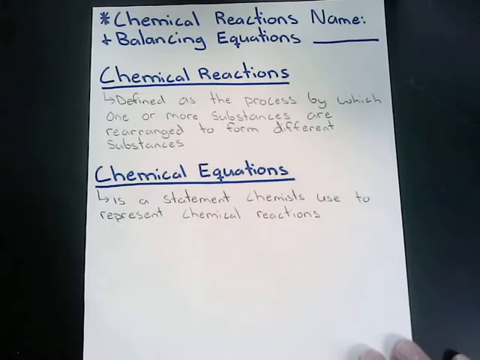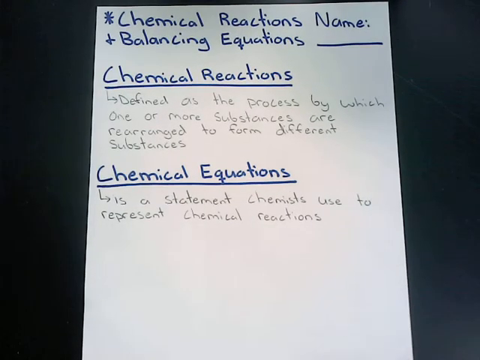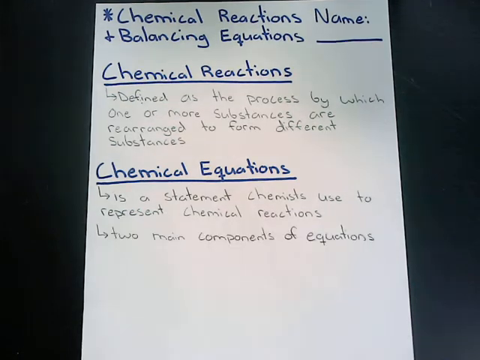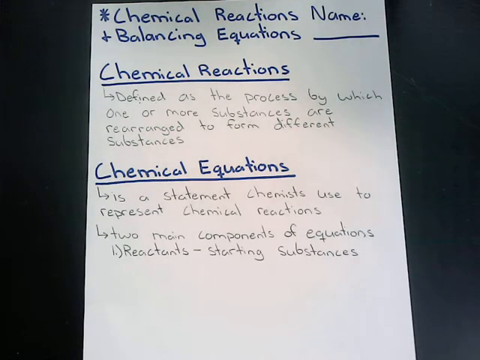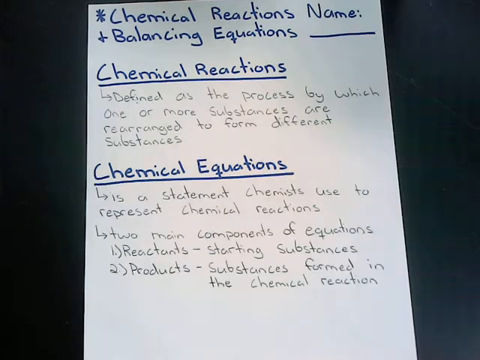Within chemical equations, we have two main components. The first of these components is known as the reactants, and they are the starting substances. The second main component is known as the products, and these are the substances that are formed in a chemical reaction.